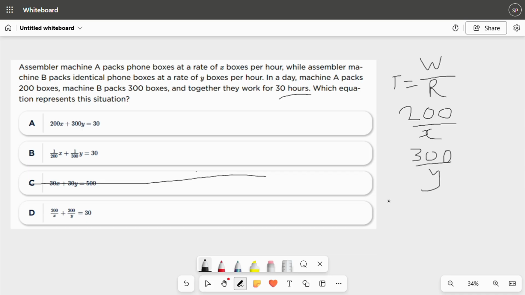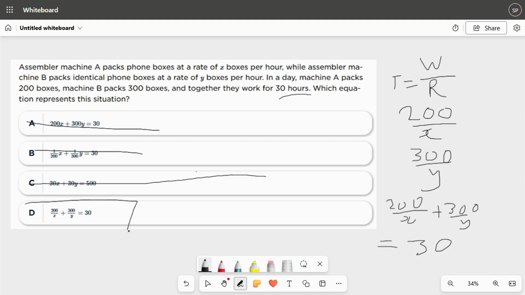So now we can add both of these together, and that would be equal to 30 because that's how long they both work for. So we can cross out this, that's not right, that's not right. And D looks like what we're looking for.